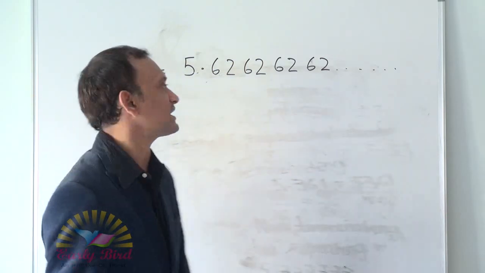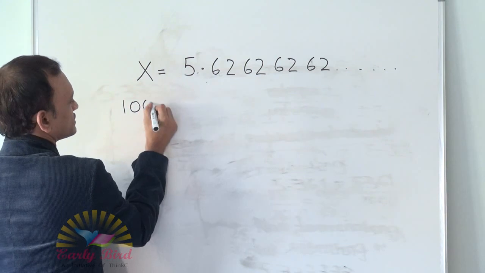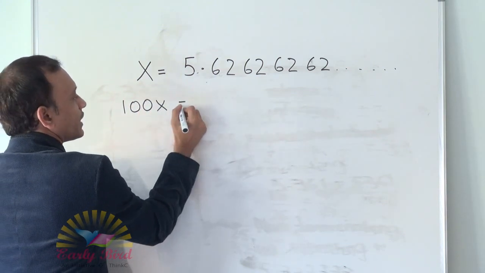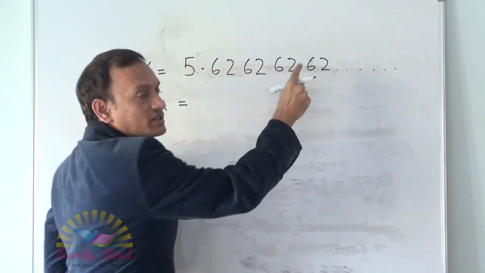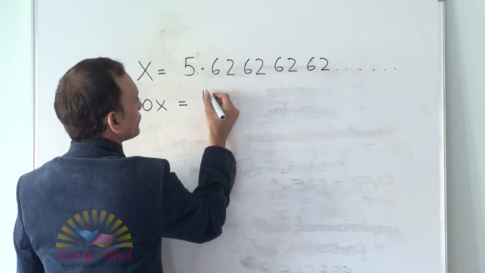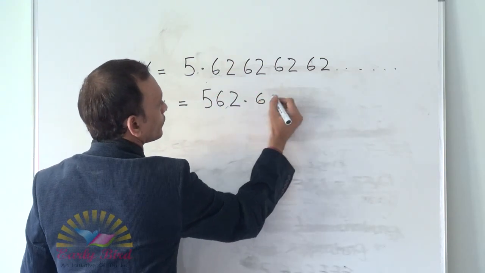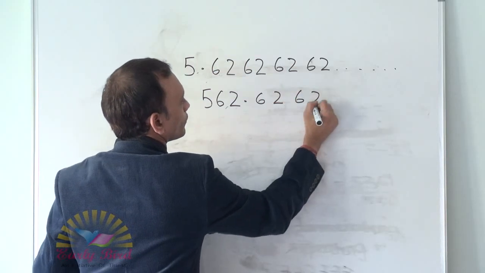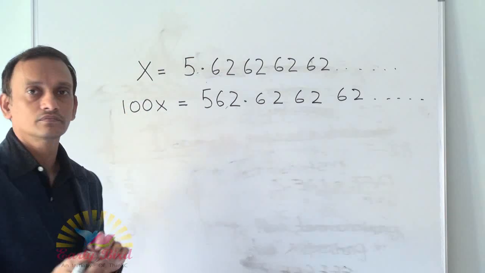Now, what's 100x? 100x is going to be 562.62626262, etc. This goes on forever.